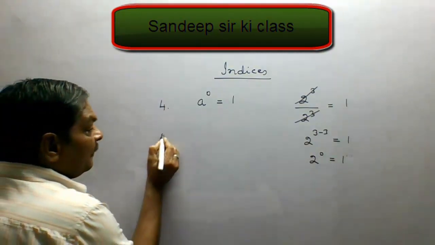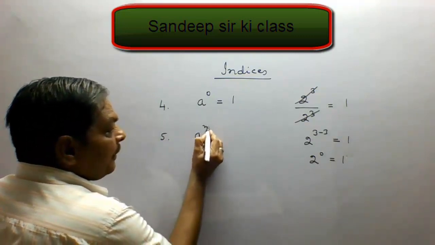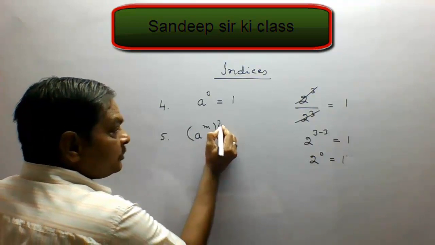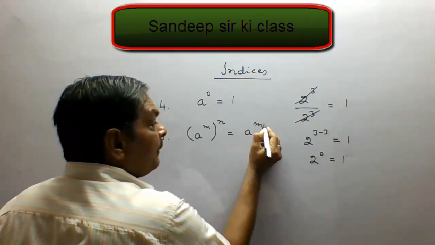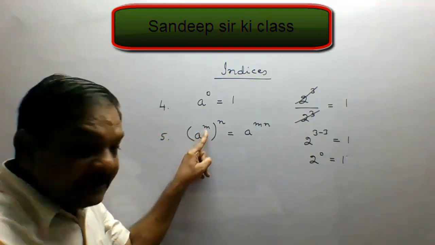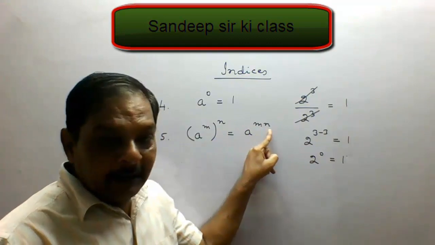Next, fifth law is that a raised to the power m raised to the power n is a raised to the power m into n. These two powers m and n are multiplied.